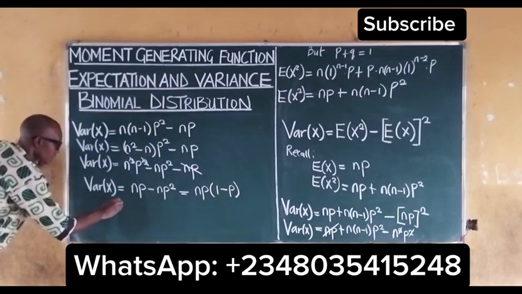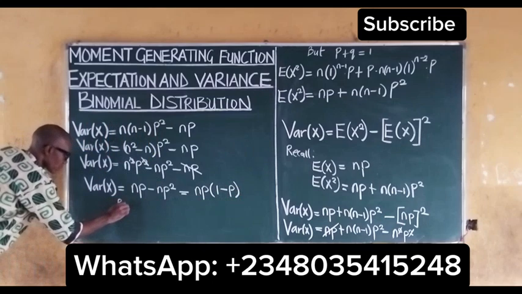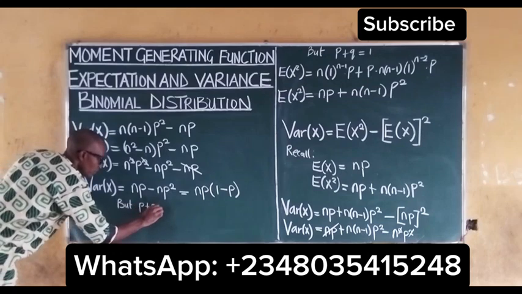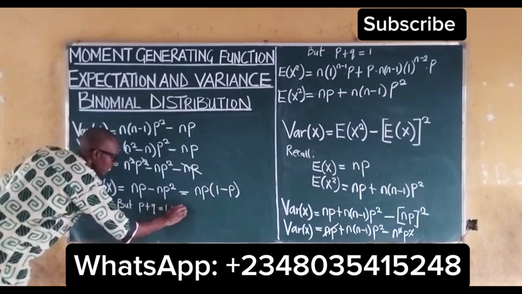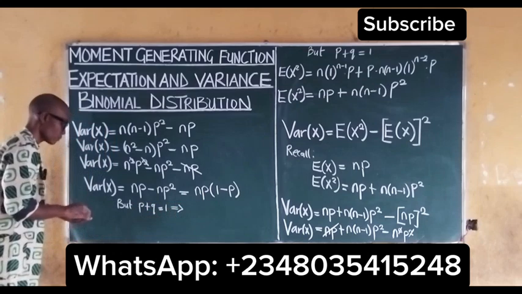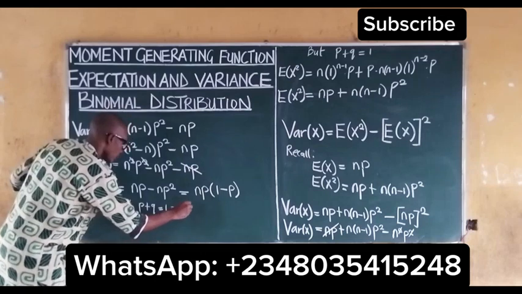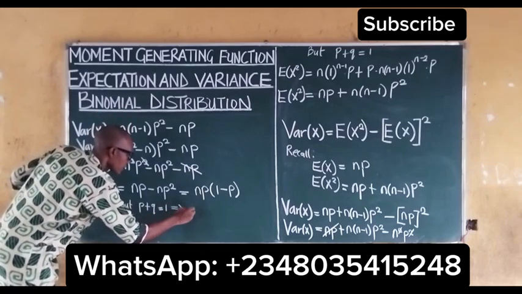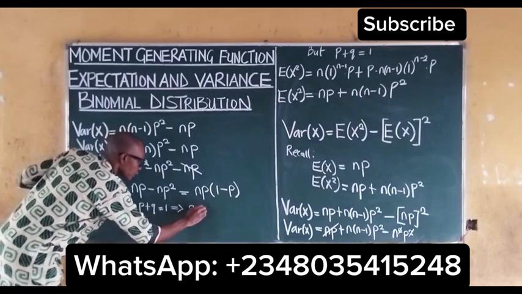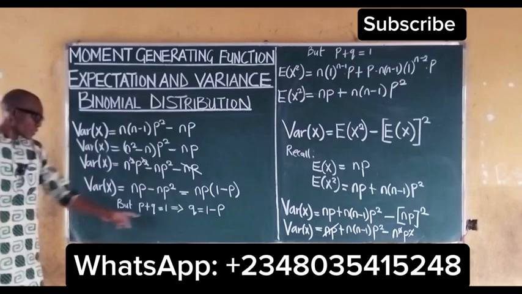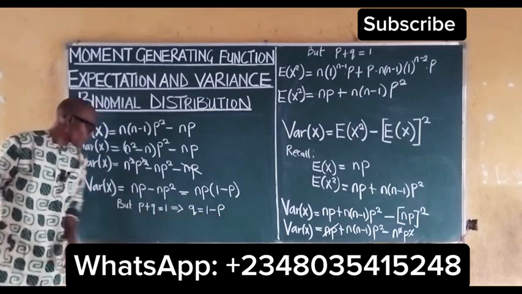We should recall that if p plus q is equal to 1, it implies that q is equal to 1 minus p. From probability, q is equal to 1 minus p.